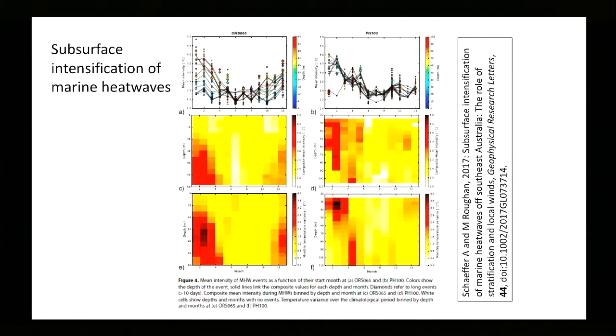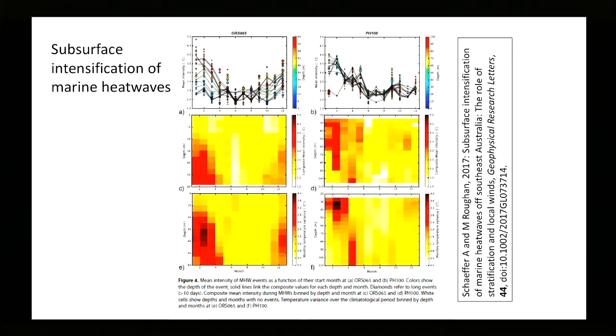This one here, I don't really want to say too much about, but just to say that there's been very little done in terms of understanding marine heat waves below the surface. And this paper, done by Amandine Schaeffer and Moninya Roughan from the University of New South Wales, just looked at 2 stations.